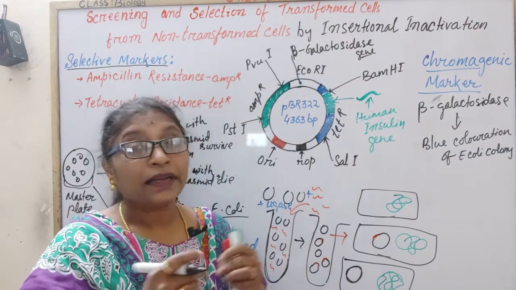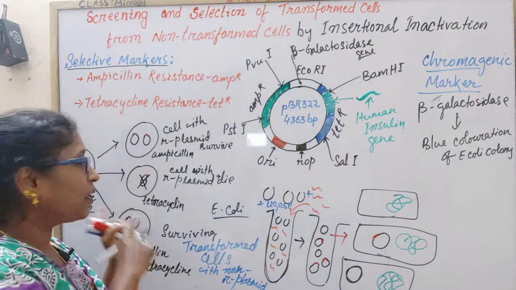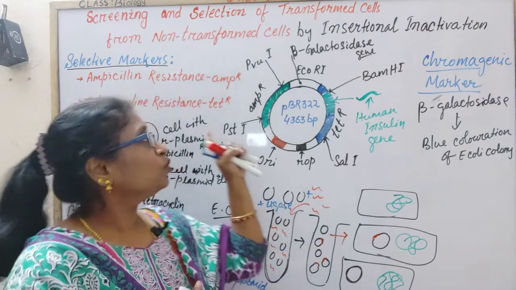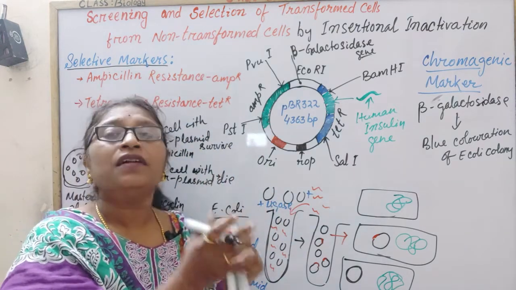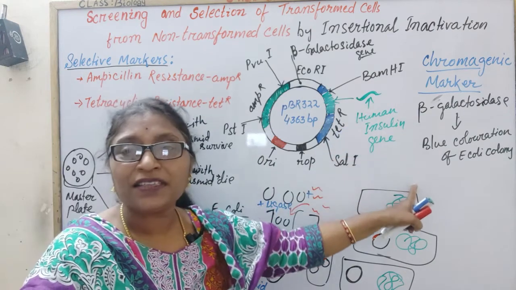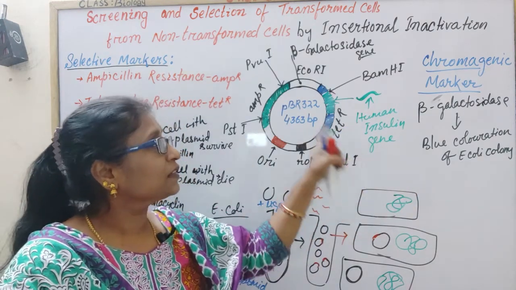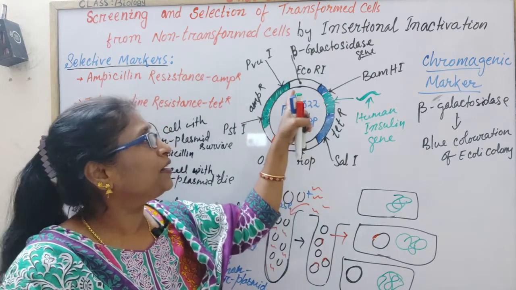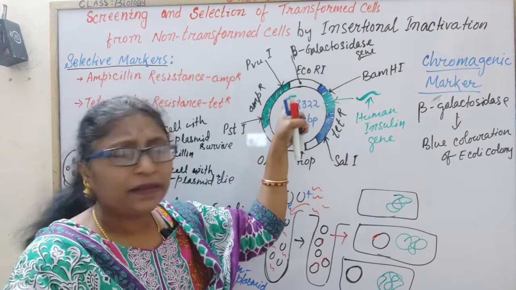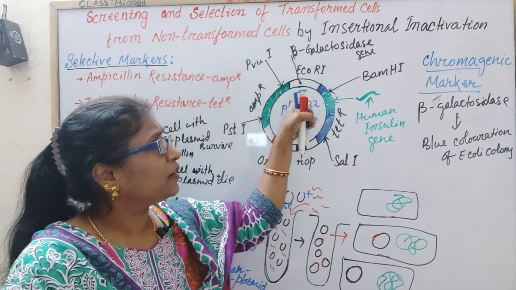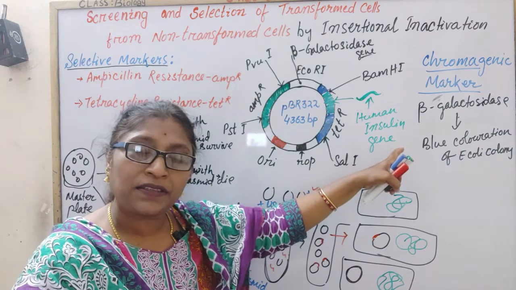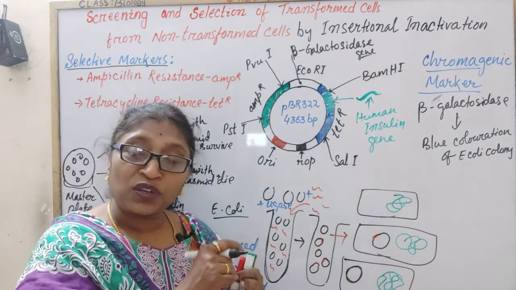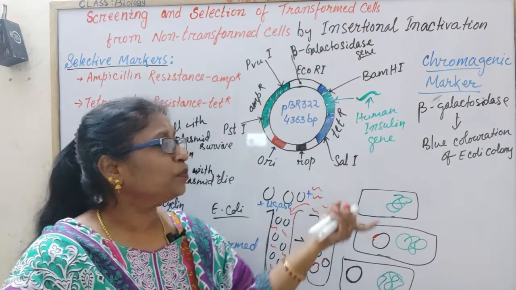So how to select? It is an easy step. Selective marker is a tedious, complex method to screen out and select the transformed ones. But this is a very easy one. If we are inserting the desired gene, the foreign DNA fragment, into the E. coli sequence where the beta galactosidase nucleotides are, then it is inactivated, so no blue coloration.